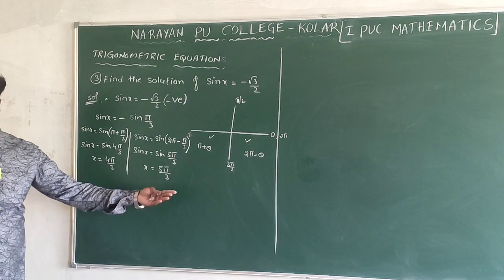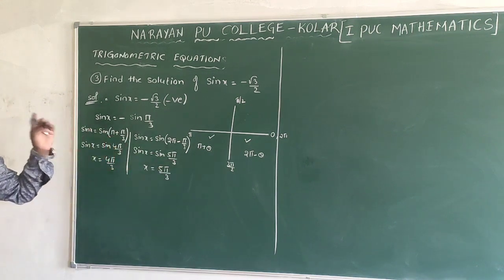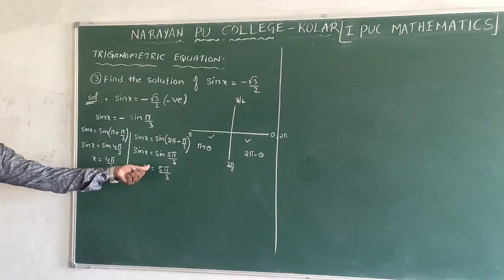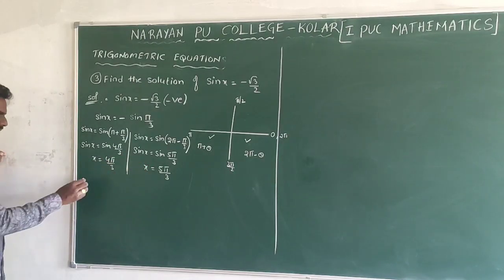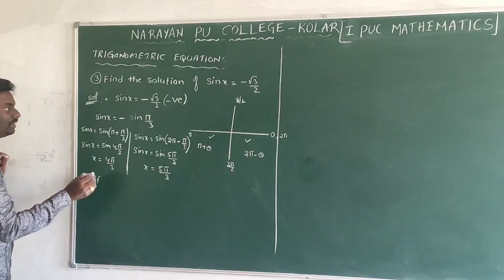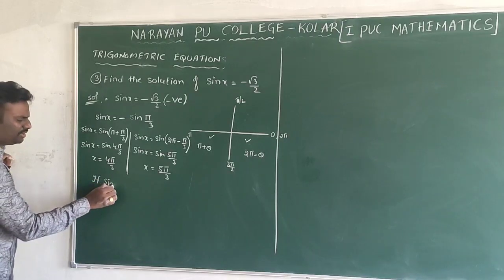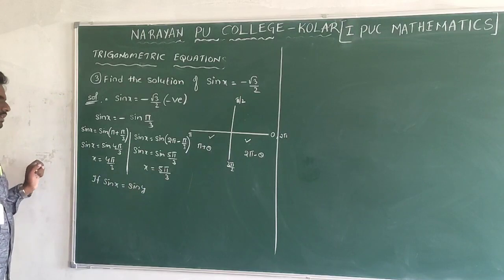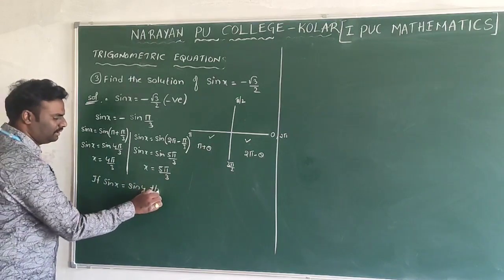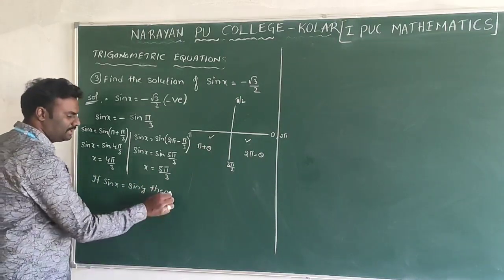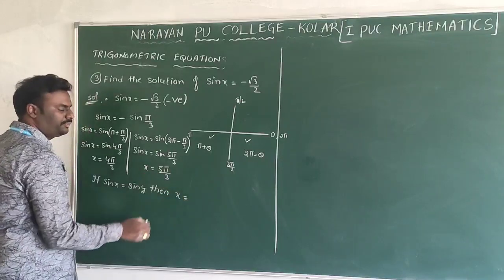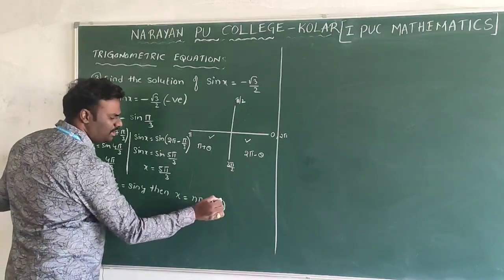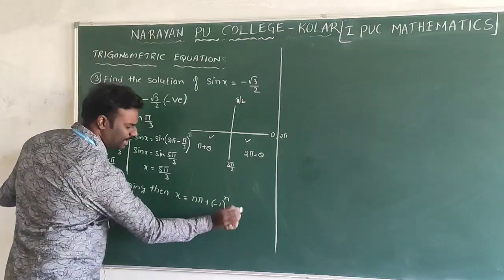But I am finding the general solution. In the general solution, in these two, I am taking the starting value, the least angle. What is the formula? If sin x is equal to sin y, that is nothing but value, then the general solution is x is equal to n pi plus minus 1 power n into y.